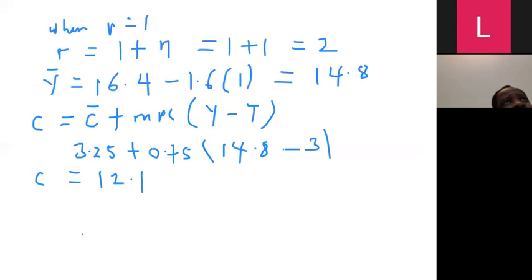So what is the next one? The next one we are supposed to look for is planned investment.